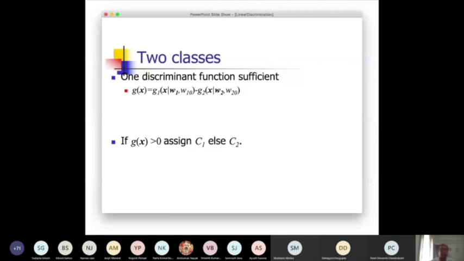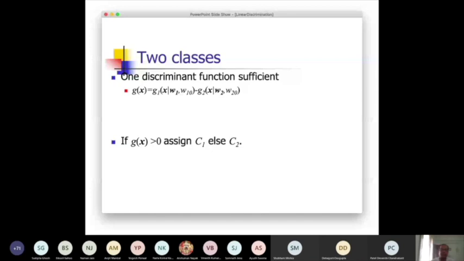So here, one of the first simplifications that you can see is that you do not require two discriminant functions in this case. It is sufficient if you have a single discriminant function which can be expressed as a combination of these two.